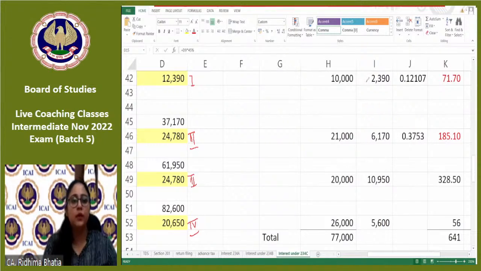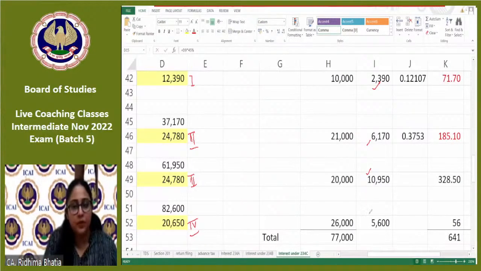Everyone's shortfall has come: 12,390 minus 10,000 is 2,390; 37,170 minus 10 minus 21 is 6,170; 61,950 minus 10 minus 21 minus 20 is 10,950; and 82,600 minus 10, 21, 20, 26 is 5,600.